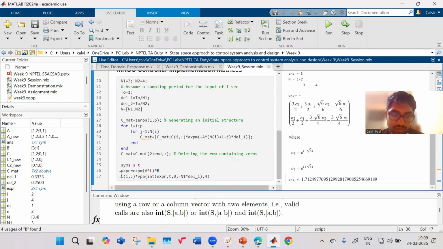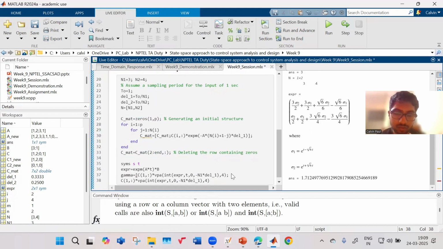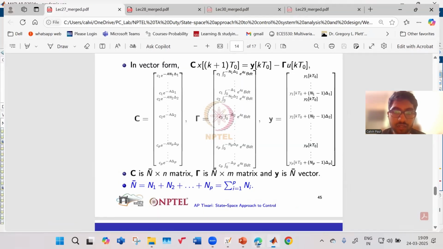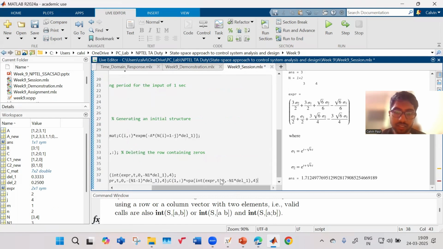The next is this. It is minus N1 into delta 1, then minus (N1 minus 1) into delta 1. Next case is minus (N1 minus 2) into delta 1.